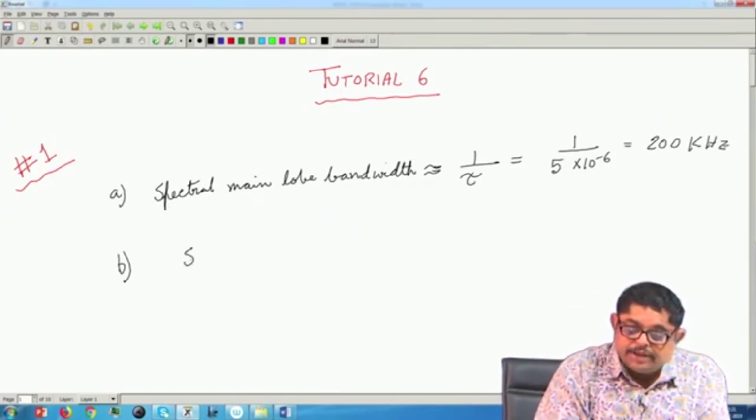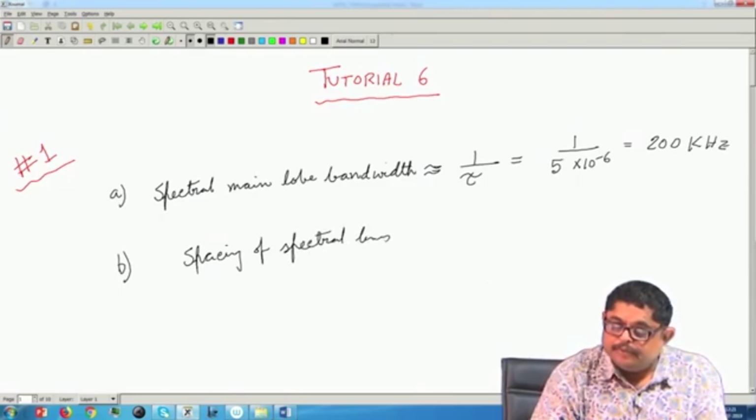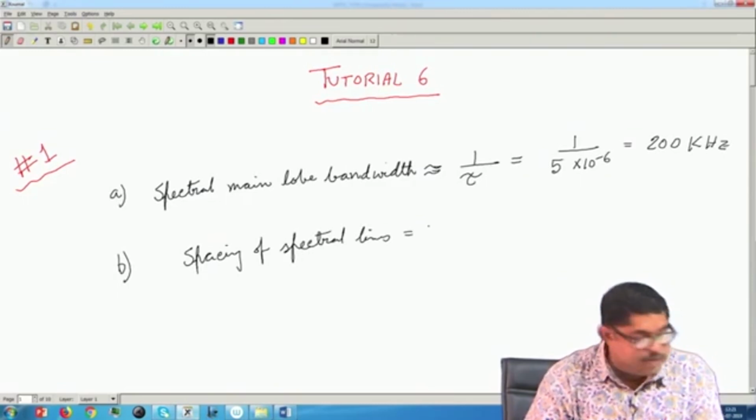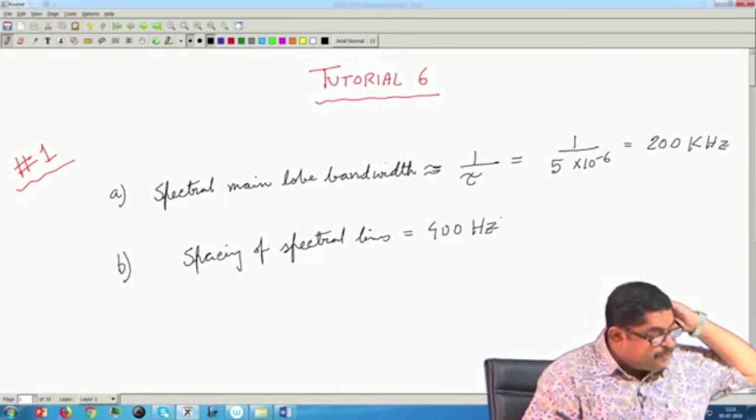So, we can say that the spacing of spectral lines will be 400 hertz. So, every 400 hertz you will have a spectral line.